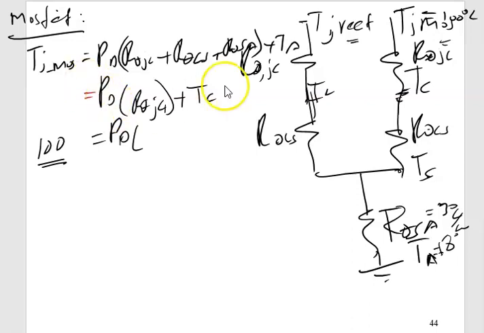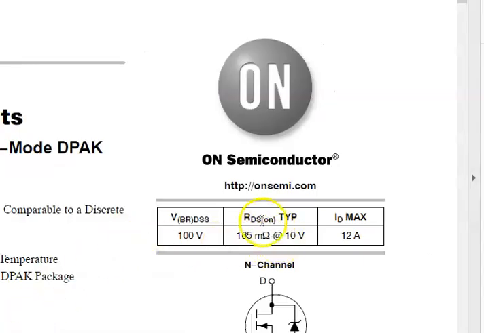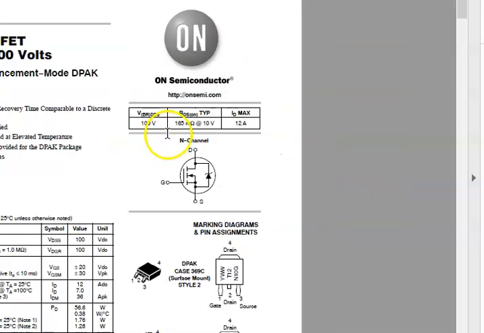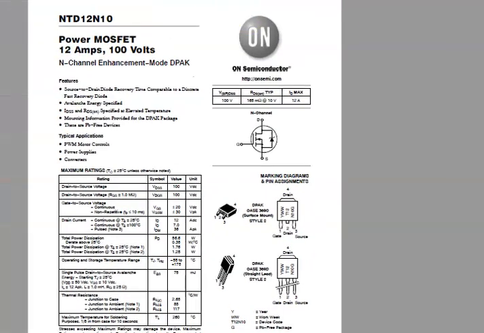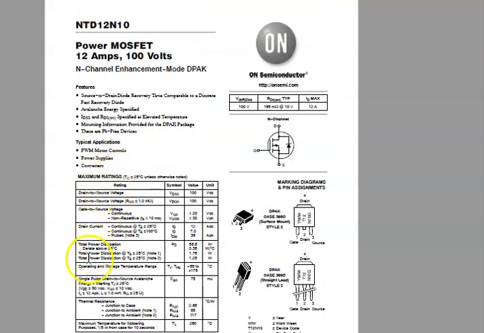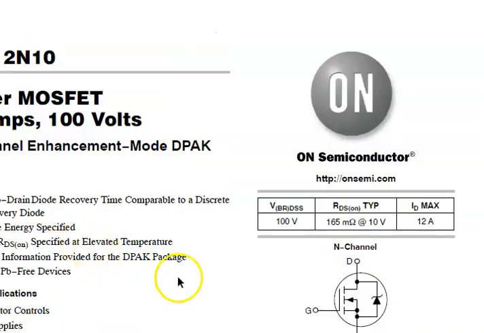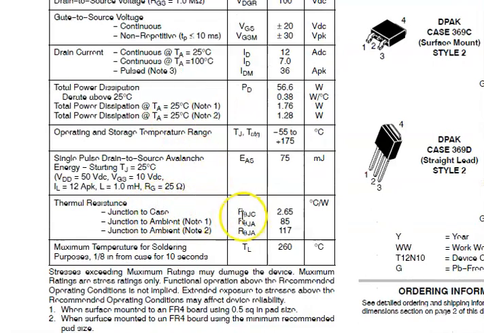So R thermal JC is the information that we should get from the data sheet of our MOSFET, because we are dealing with the MOSFET. So how do we find R thermal JC? When you look at your MOSFET here, on the page of maximum ratings, you can see it shows the limits of your R thermal JC and JA.